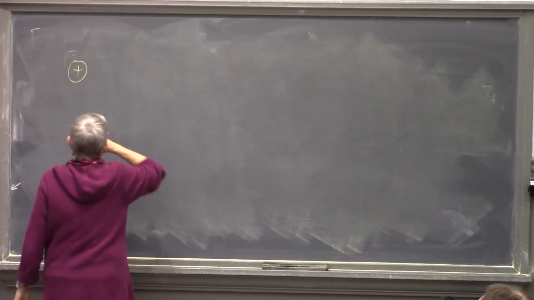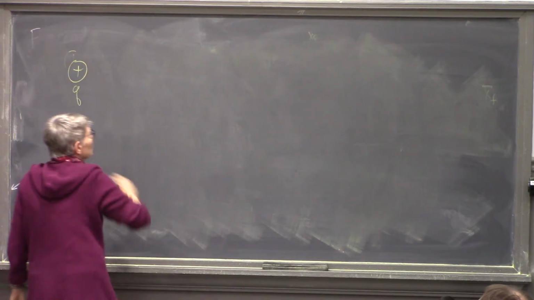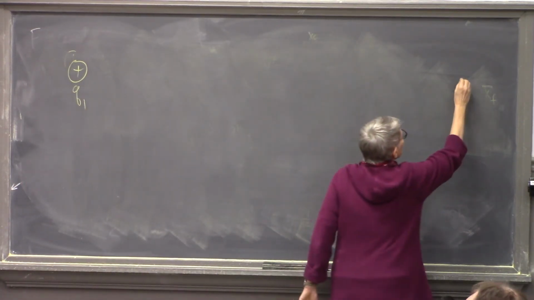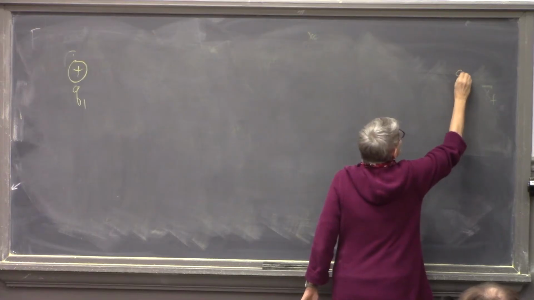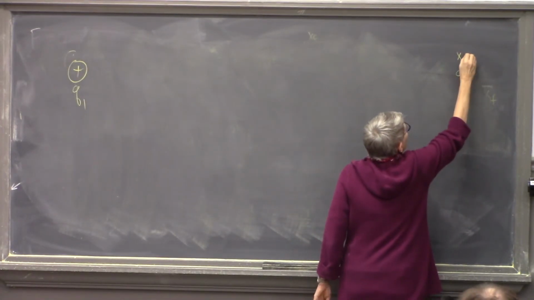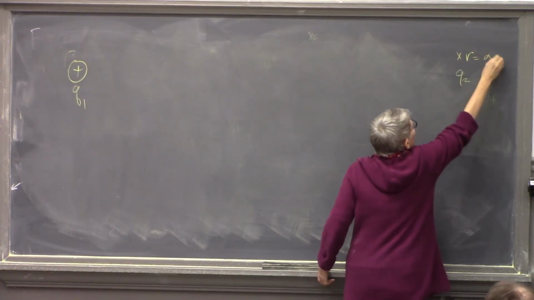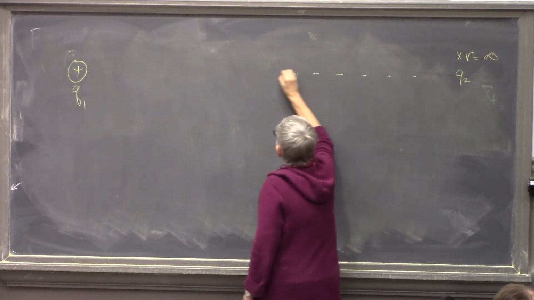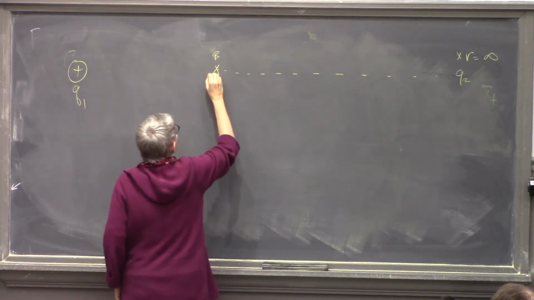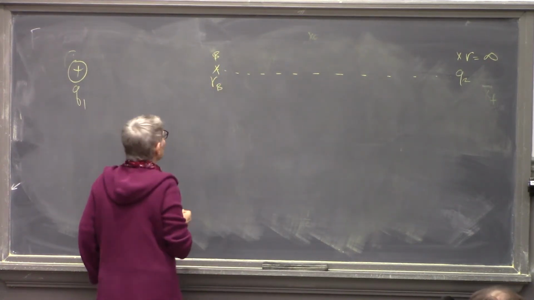This has a charge q, we'll call that q1. And here's a charge q2, which starts out infinitely far away and moves to a location b, which is a distance r sub b away.